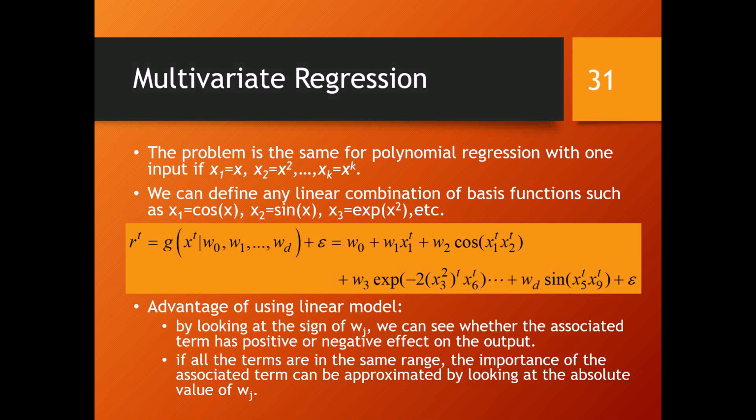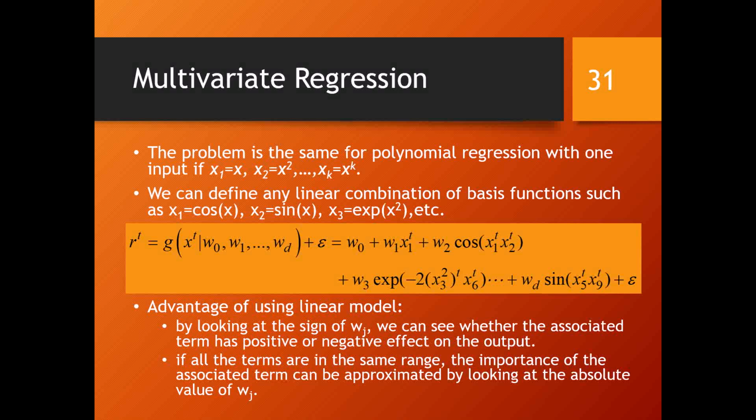So this is a nonlinear polynomial, but the parameter is linear. There's a name. Let me see. Okay, you see, linear combination of some basis functions.